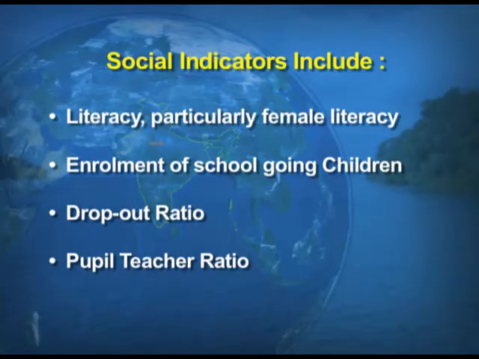And fourth, we talk about the pupil teacher ratio, because in our country the population is too much. We always say that India is the second largest country in the world as far as the population number is concerned.